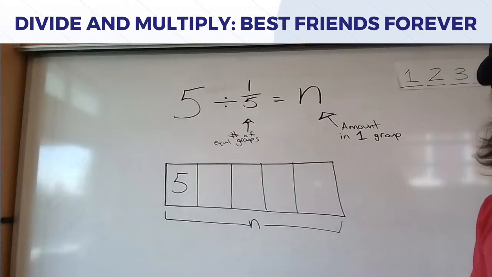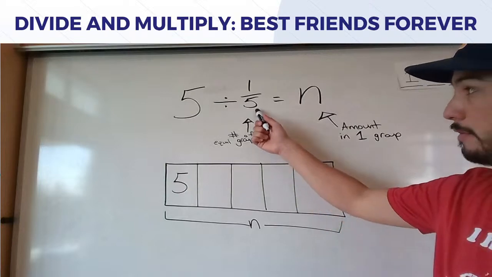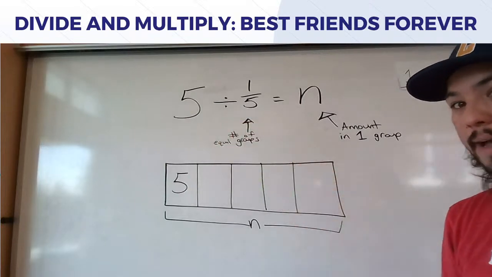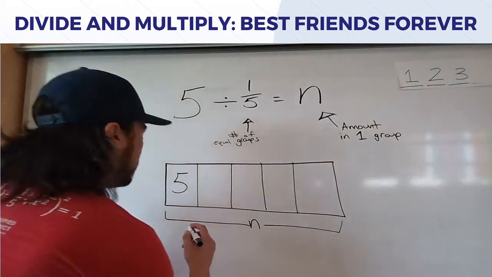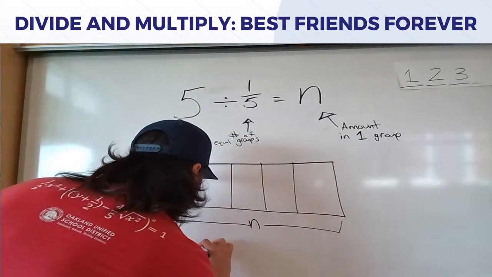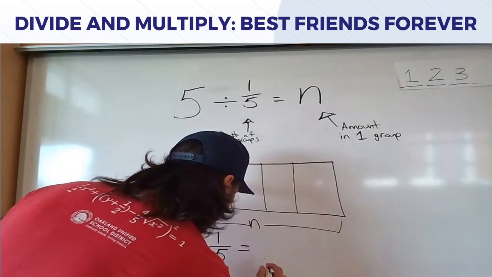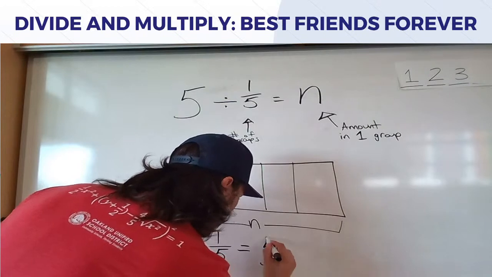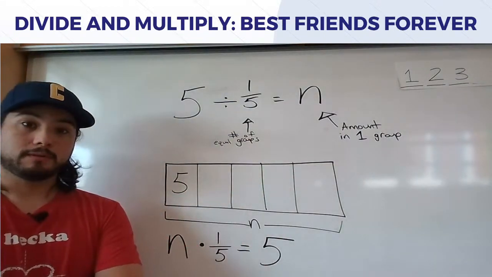We need to multiply that n by 1/5, and it gets us back to 5. So we're going to write that down here. We're going to write n times 1/5, or 1/5 of n, equals 5. Would you agree?